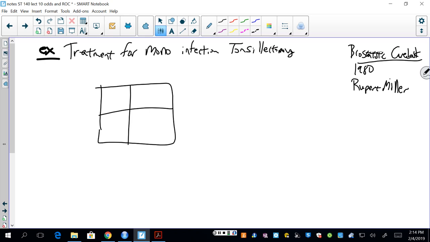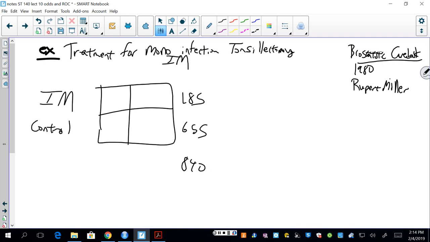where some people have infectious mononucleosis, so that's IM, or they're controls, they don't have that infection based on assay and things. So there were 185 individuals that had it, 655 that didn't, for a total of 840.